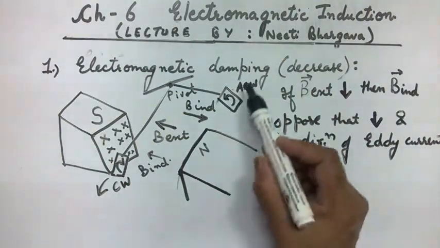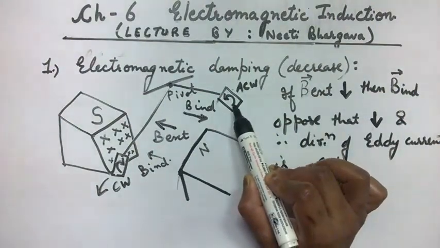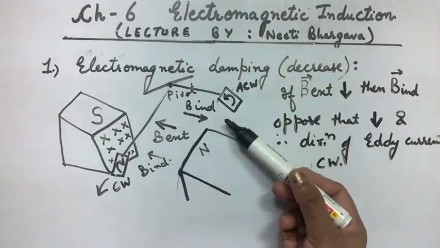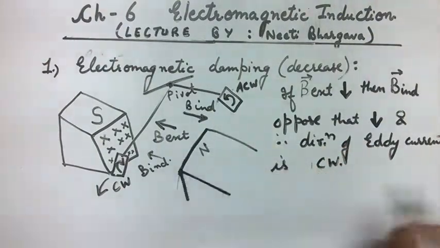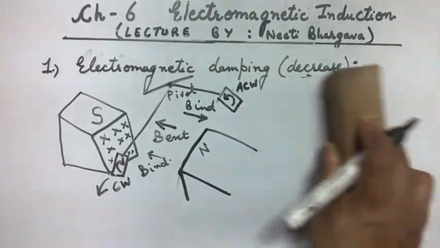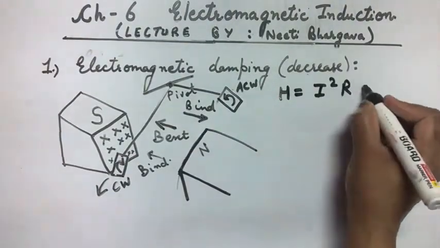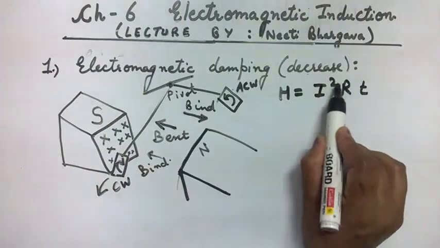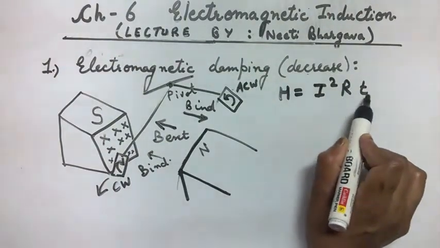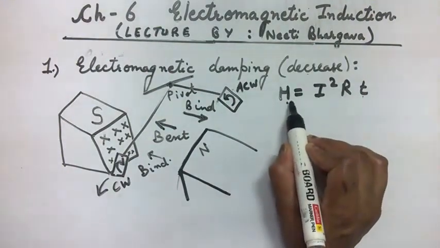Now, as it is oscillating to and fro, this eddy current will produce heat. Because of this, mechanical work is converted into heat energy, which is equal to Joule heating, that is H equals I squared R t: the square of the induced current into the resistance, into the time, gives the heat produced.